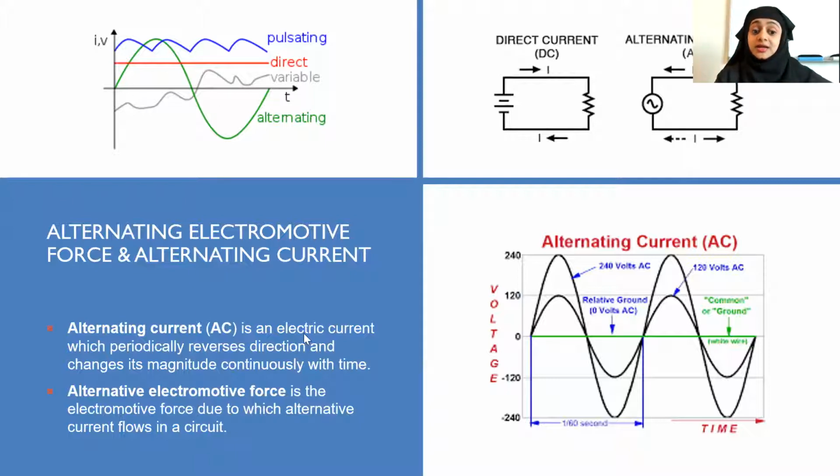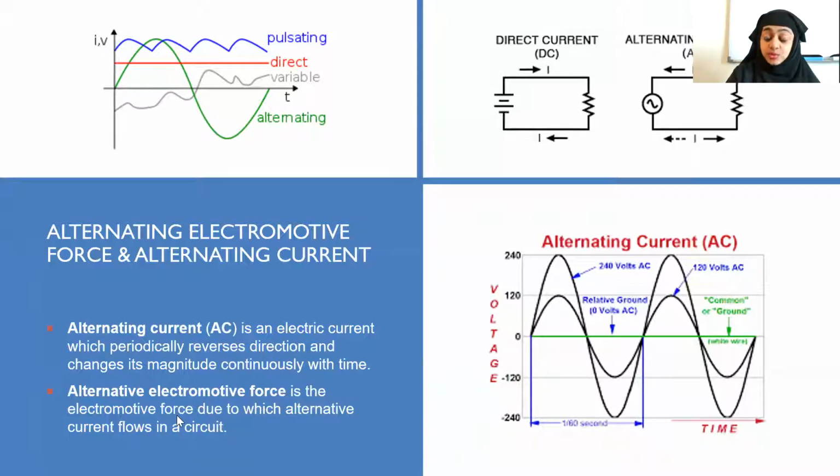So alternating current is an electric current which periodically reverses direction and changes its magnitude continuously with time. And what is electromotive force? Nothing but voltage. So what is alternating voltage or alternating electromotive force?